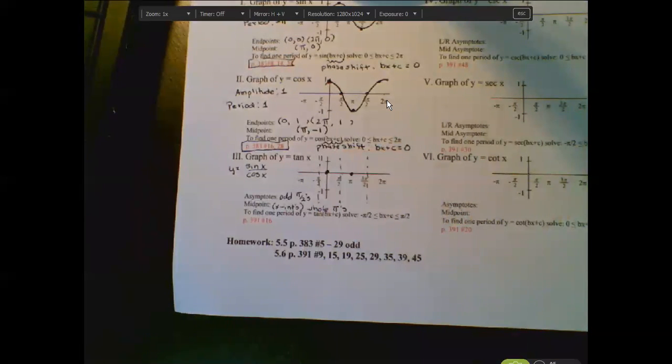And what polynomial function does tangent look like between its asymptotes? When you just graph tangent, if you didn't have any labeled tick marks, you might think it was what polynomial?